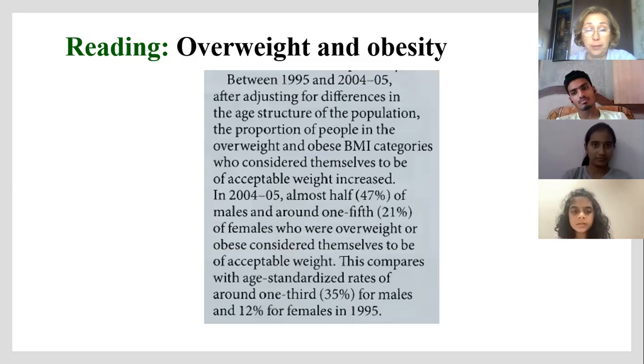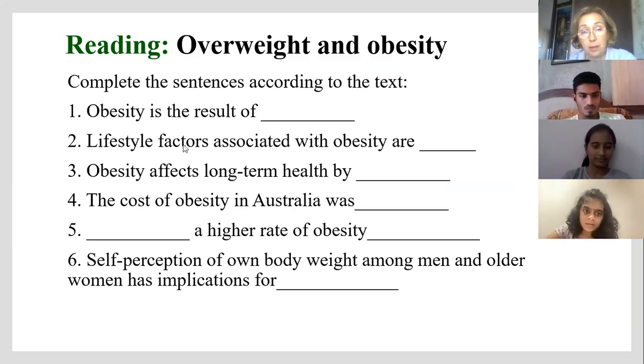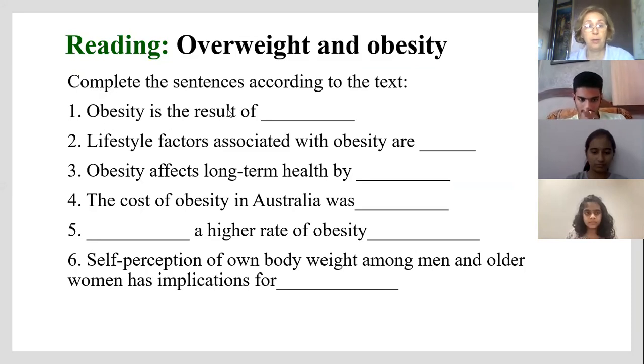A lot of figures. Now, let us look at the sentences, the same sentences we were speaking about before reading. So now when we read the article, what does the article say about this, Rohita?